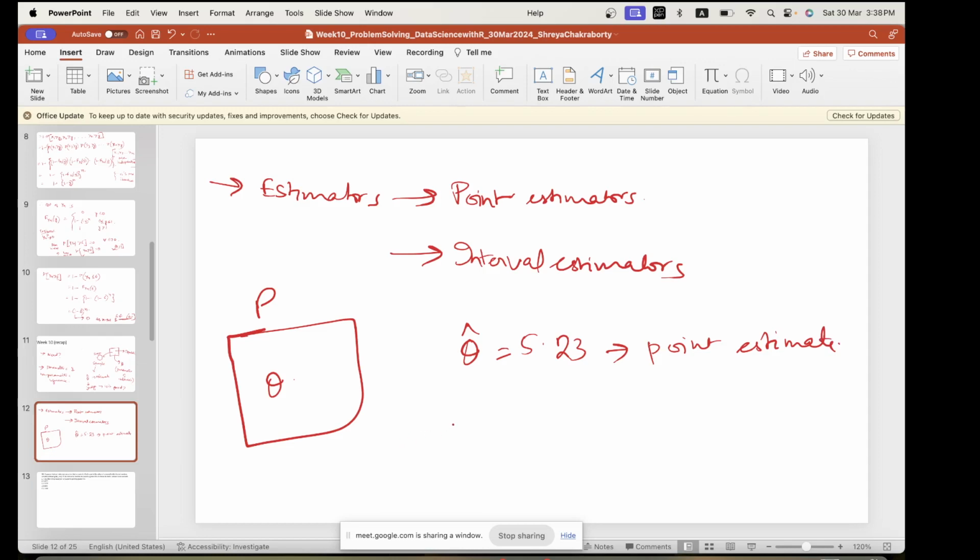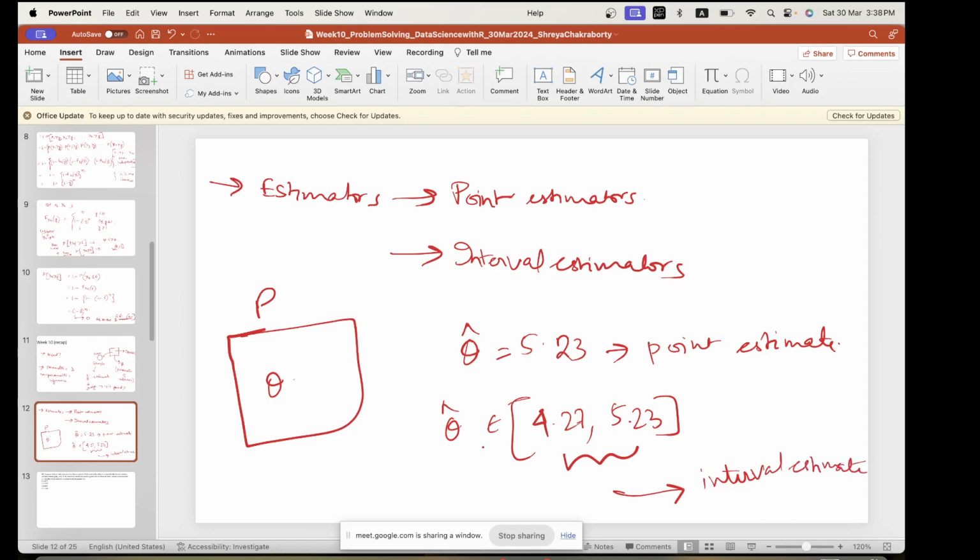But if I say theta hat belongs to the interval 4.27 and 5.23, then this bound that we are giving is the interval estimate. We usually give this interval estimate with a certain confidence, that theta is contained in this interval with a probability of 95%.